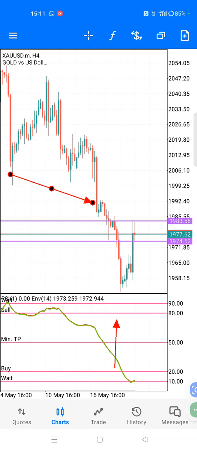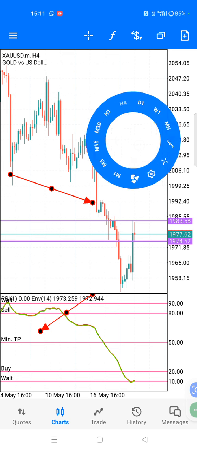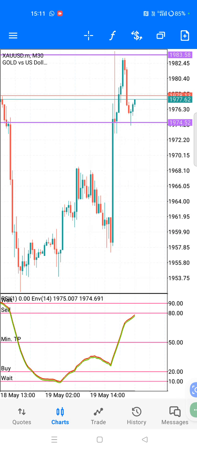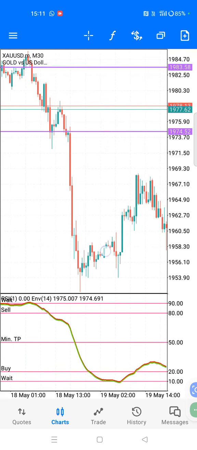My take profit, okay, I'm sure you guys will ask, where should I take my take profit? So go back to M30. So where did you sell?